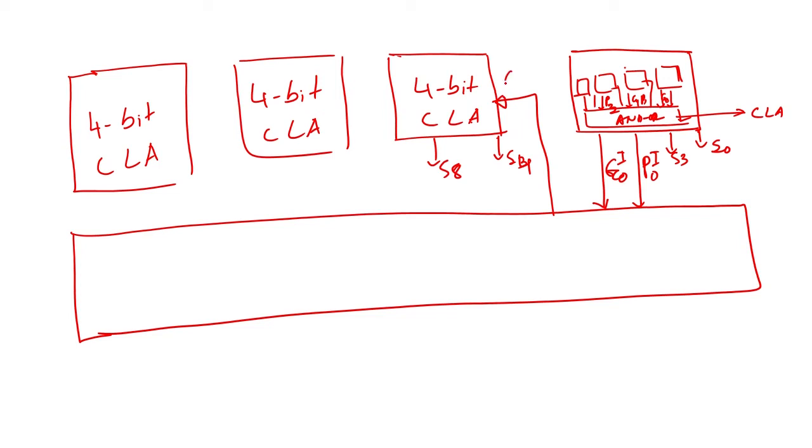So, this will be C4. Similarly, this will be C8, this will be C12, this will be C16. So, a 16-bit CLA we are designing using higher level generate and propagate functions.